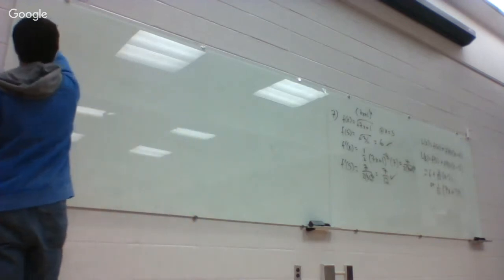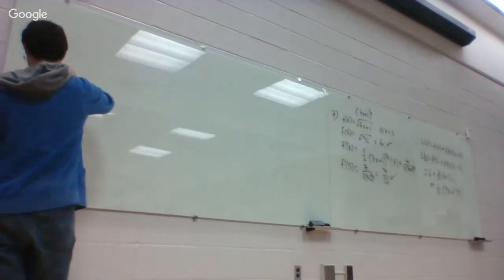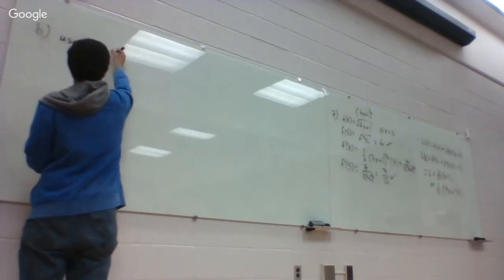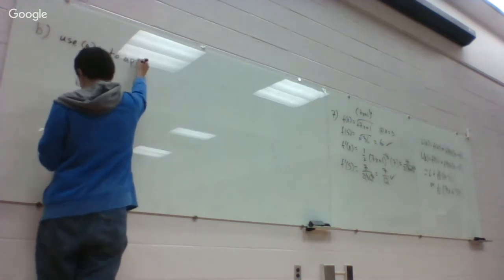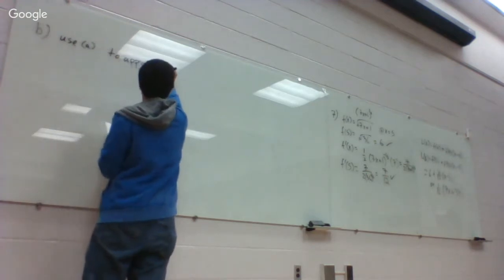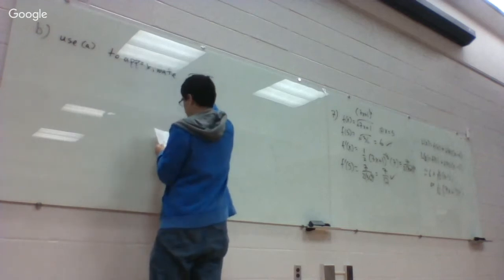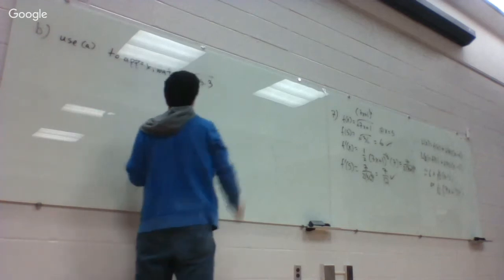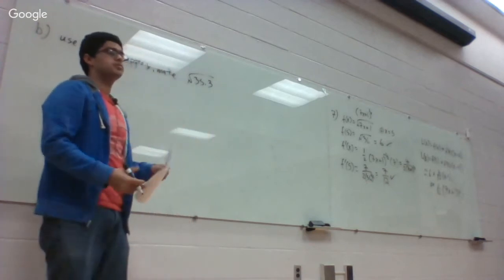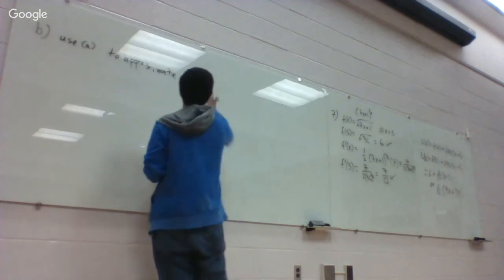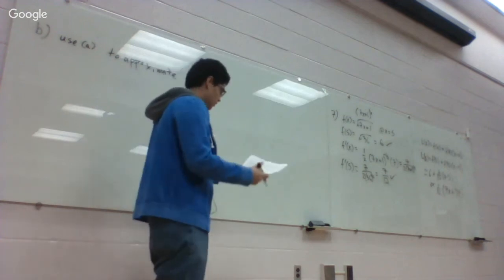So for part B, it says use A to approximate the square root of 35.3. In reality, taking the square root of 35.3 is really hard.